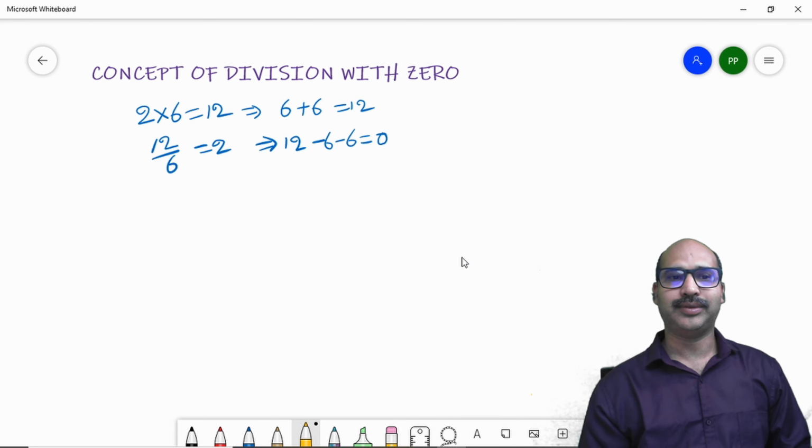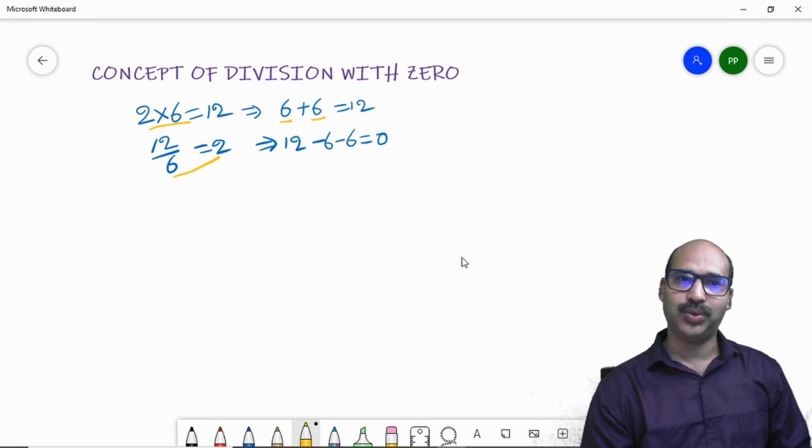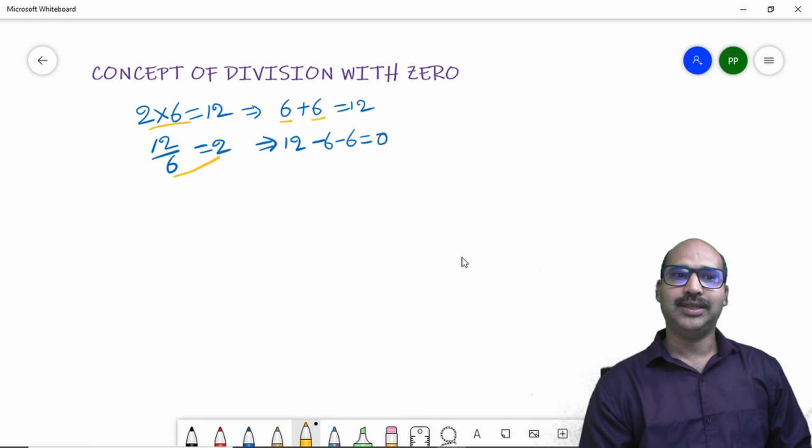So 2 into 6 means 2 times, and 12 divided by 6 equal to 2 means 6 subtracted from 12 2 times to get 0. So 1 time, 2 times.